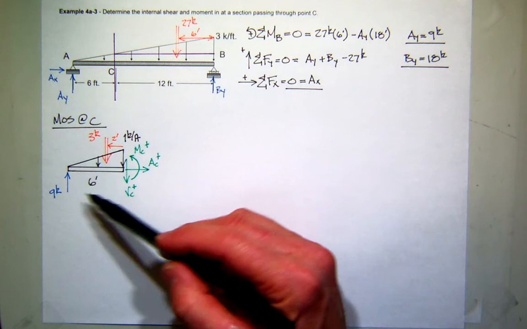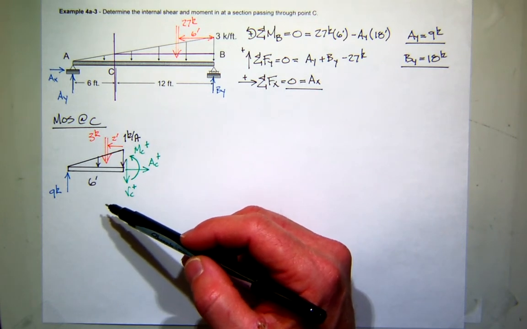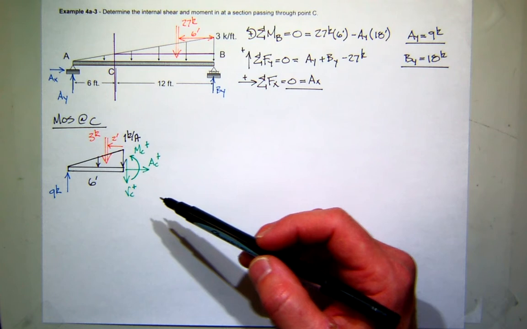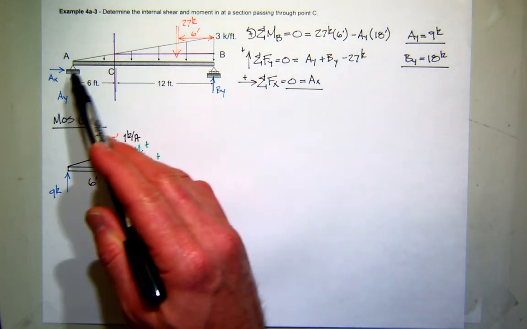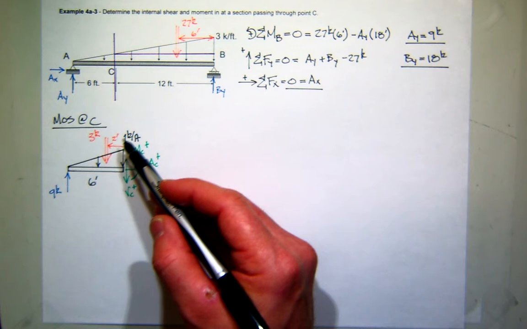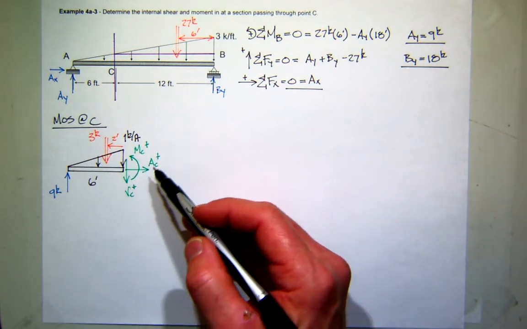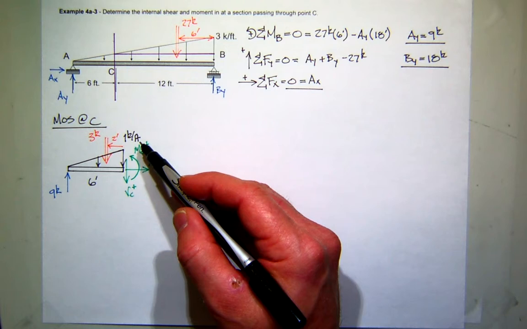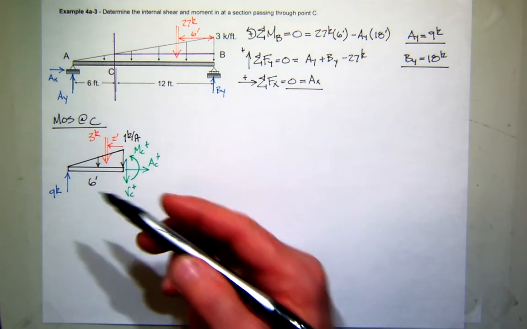If you get this part right, then the rest is just simply apply your statics and you're done. Any kind of thinking, any kind of processing of the information comes in making the cut, deciding which side to use, making sure you get the equivalent amount of force on the object, putting your positive sign conventions down, and at this point, just make sure you're in equilibrium.